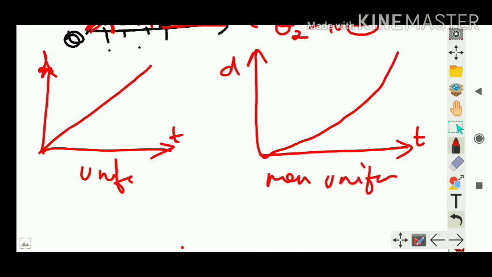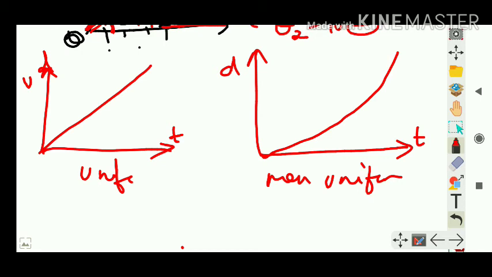So this graph is uniform and this is non-uniform. Simple. I hope you understood uniform and non-uniform. If it is uniform velocity, the graph also looks like this, just the axis changes and this becomes v.